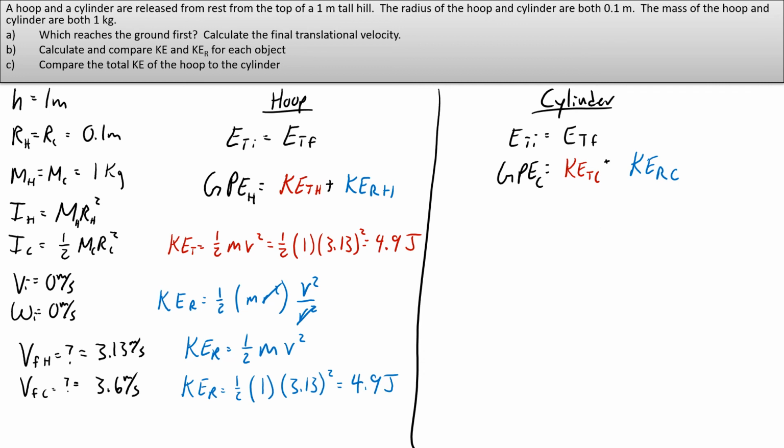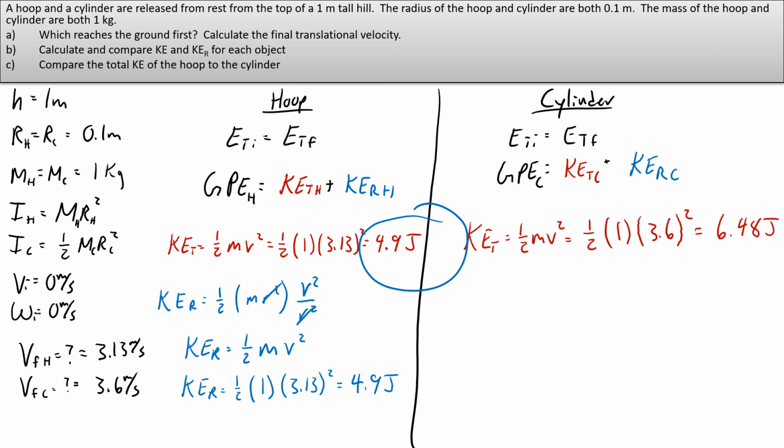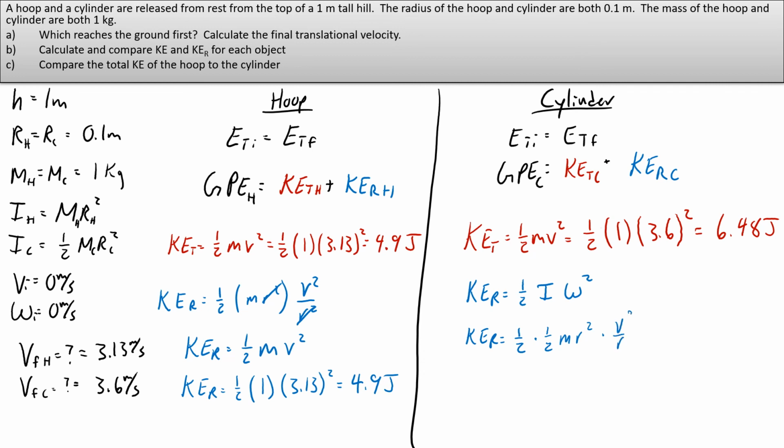So it says calculate and compare for each object. For the hoop, they're the same. For the cylinder, you get a translational kinetic energy of 6.48 joules, which is greater than the hoop's translational kinetic energy. When you're calculating the rotational kinetic energy, again, when you plug in for I, it's 1/2 mr squared, and then we divide by v over r squared.